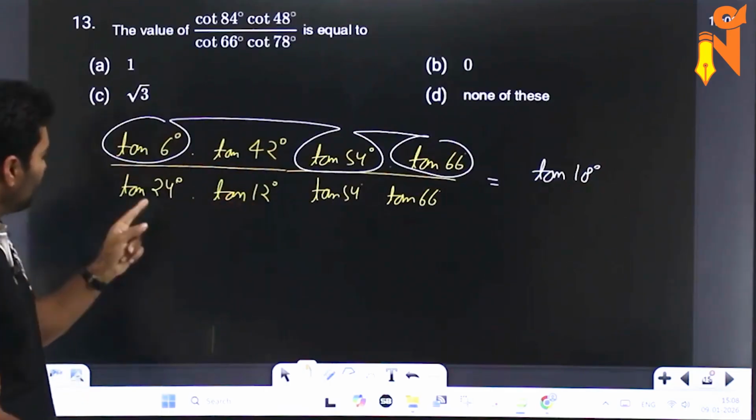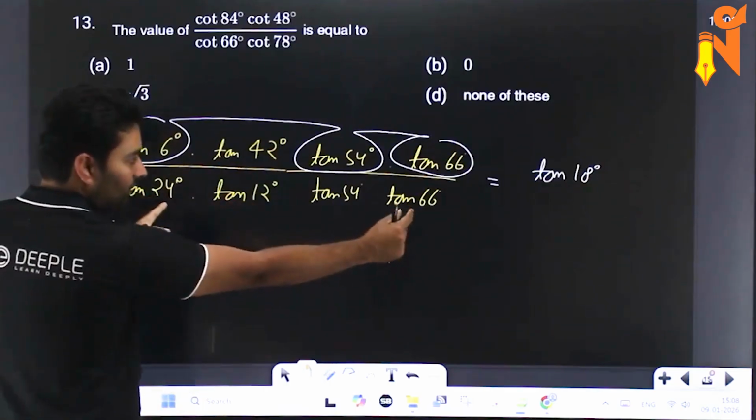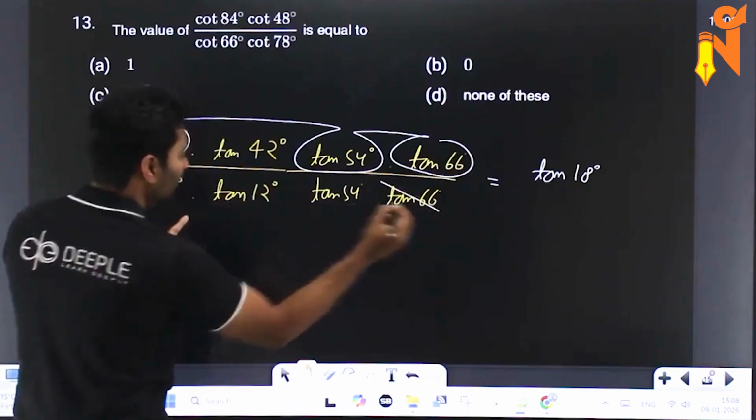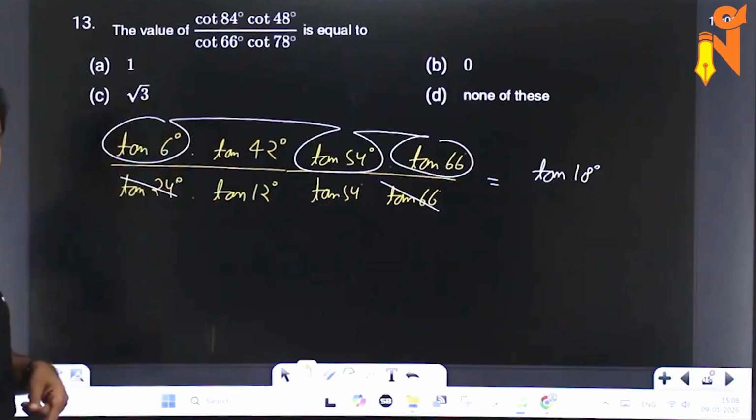Achha, first of all, this and this, what is this actually? This is actually cot 24. So cot 24, cut and cut. Nice.